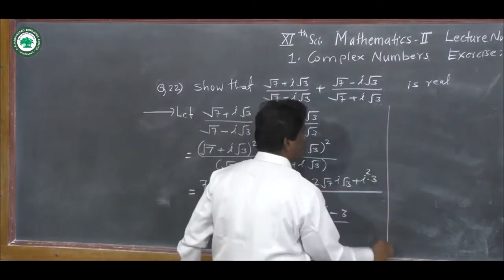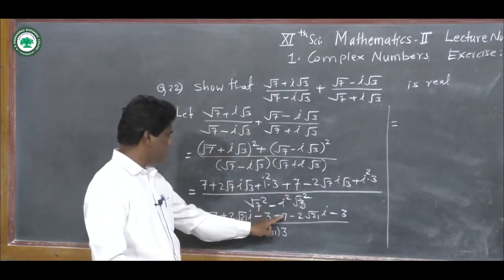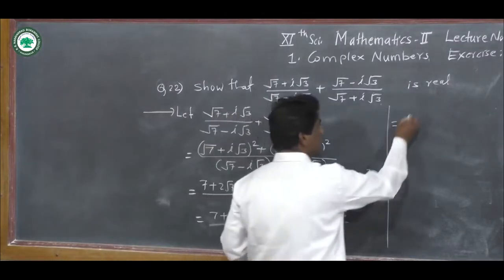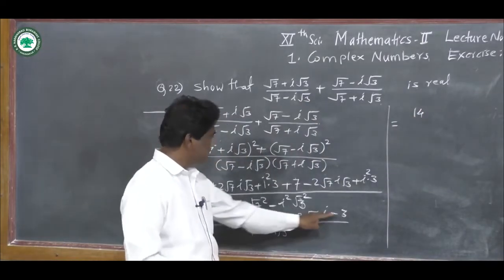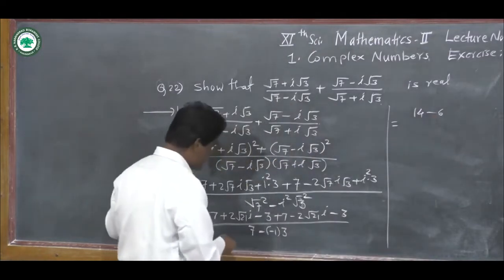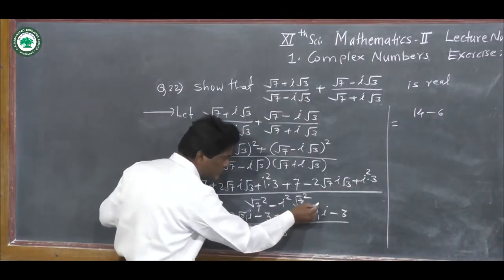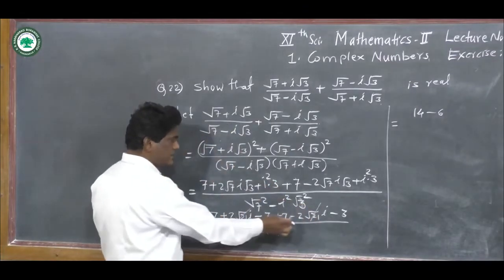So we get here it is equal to, now this 7 plus 7, 14, and minus 3 minus 3, minus 6, and this plus 2√21 i and this minus 2√21 i get cancelled to each other because this is plus and this is minus.